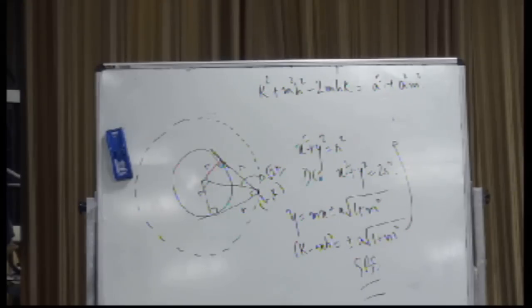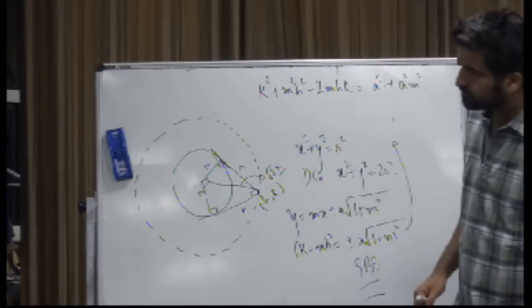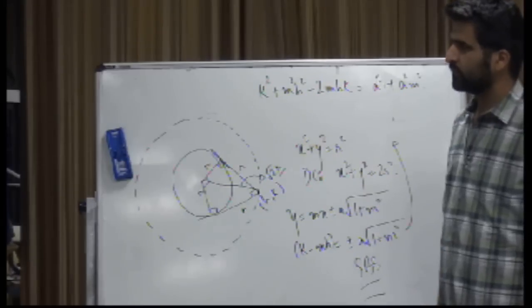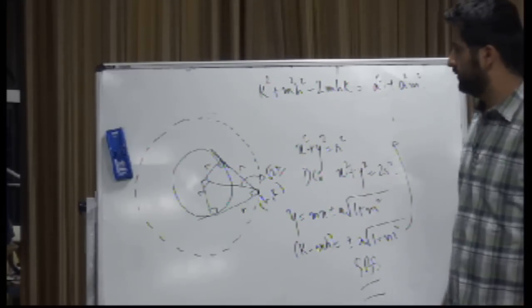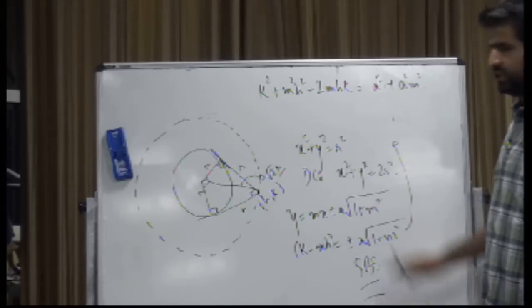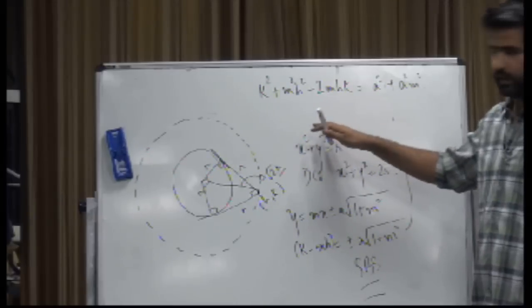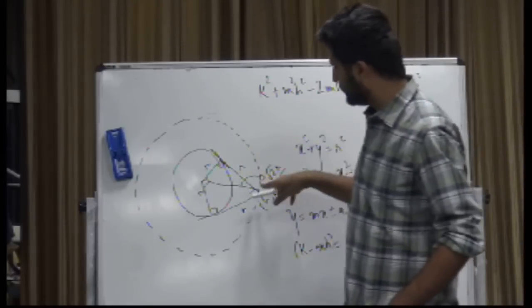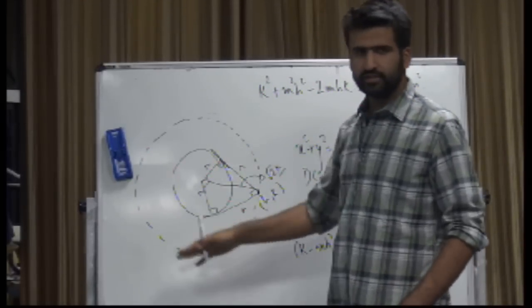Question. So see, you understood this? Okay, so the director circle is actually a circle from which the two tangents will be perpendicular.